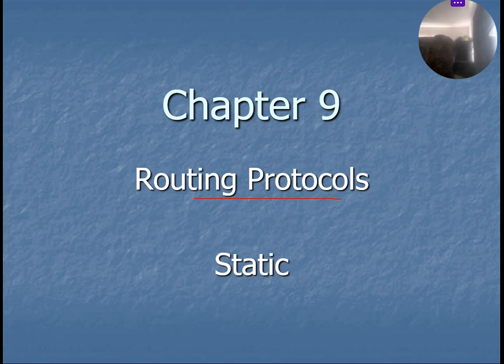Usually they are the IP address of the destination device, the subnet mask, and the IP address of the next hop. All of this constitutes what we call the routing entries in the routing table.